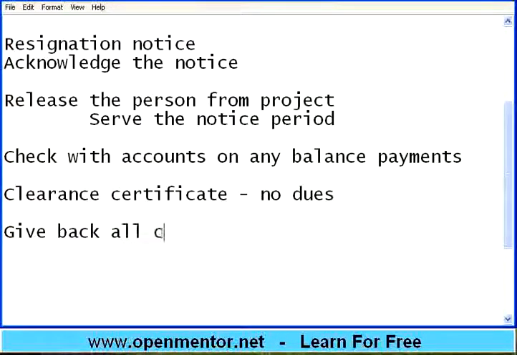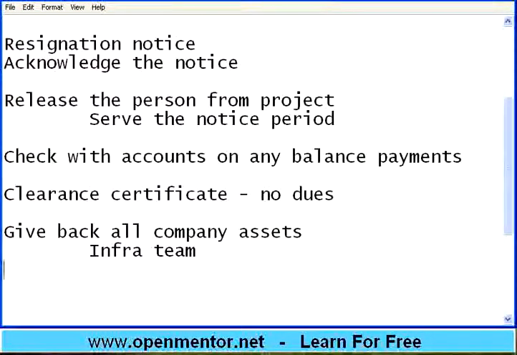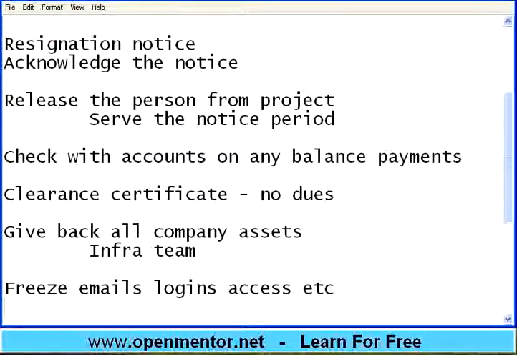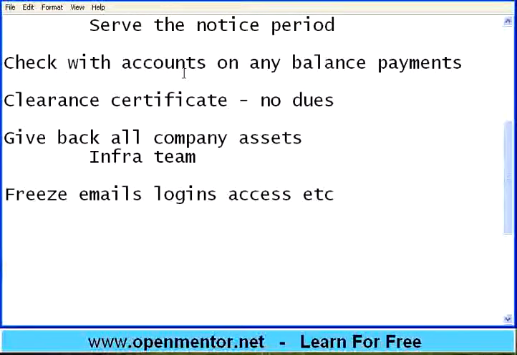Give back all company assets. This will be taken care of by the infrastructure team. So they will give another clearance certificate. There is nothing pending with this person, right? Then freeze emails, logins, access, etc. Again, this is done by the infrastructure team.